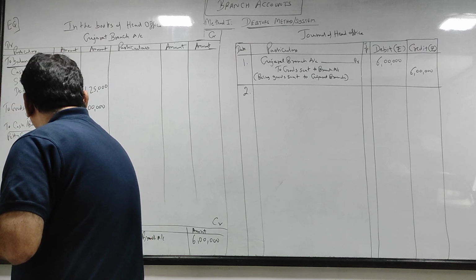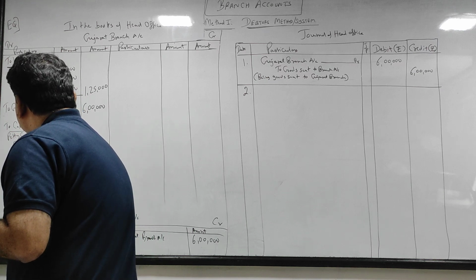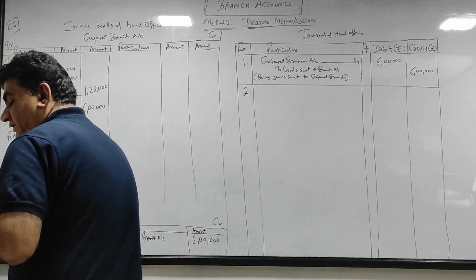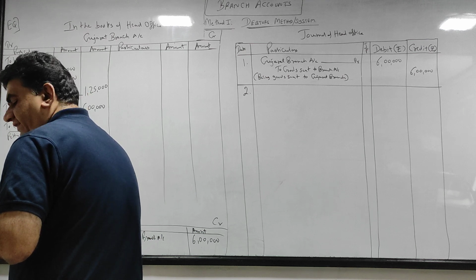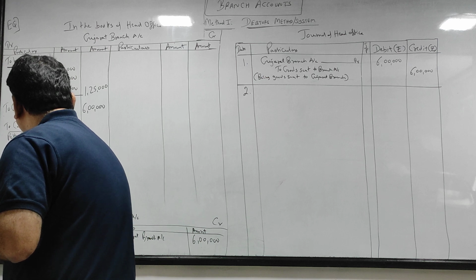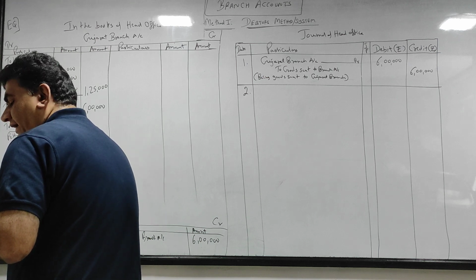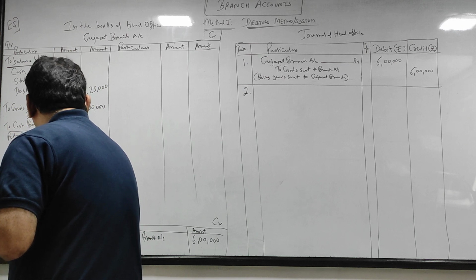Petty cash expenses 5,000. Salary 25. Rent and taxes 30.